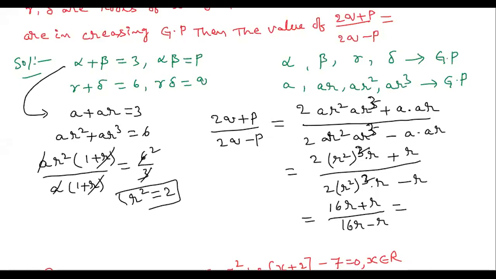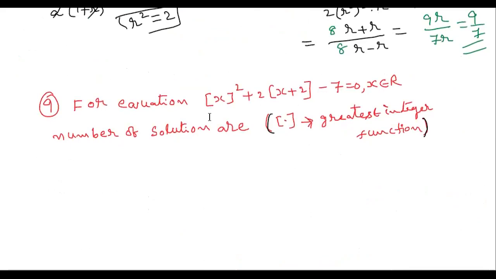So that means r square value 2. 2 square 4. 4 2s are 8 will come. There is a mistake, a calculation mistake. 8r plus r, observe here, 9r divided by 7r. So finally what is the answer? 9 by 7. Right. Next I'm going to another question.